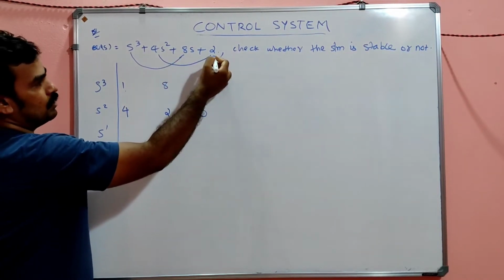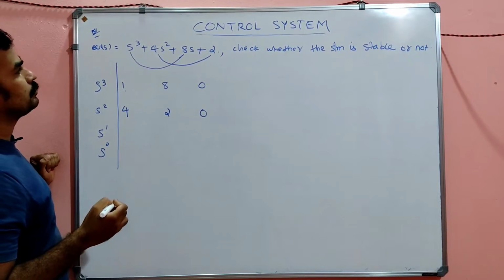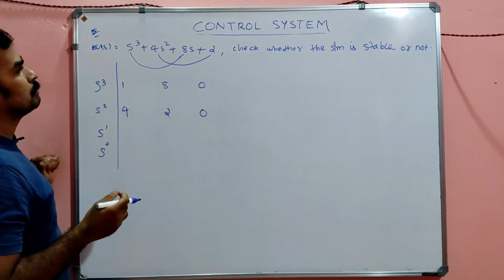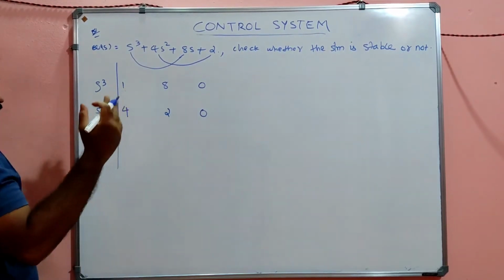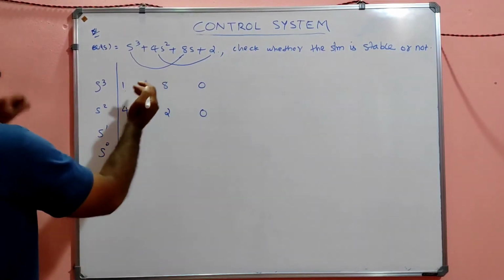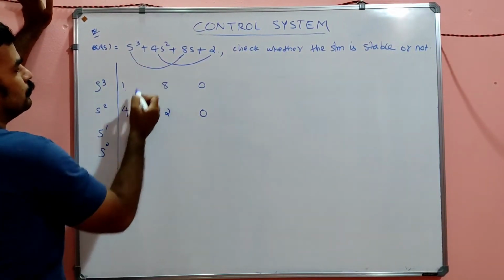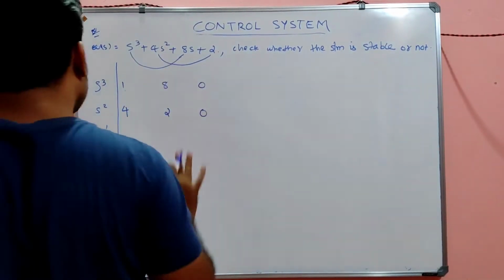S raised to 1 means what? Is there any S term? 4, 2, 0. Everything is there: 1 is there, 4 is there, 8 is there, 2 is there. Everything is finished.